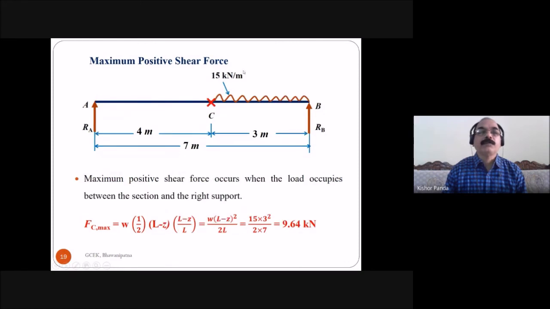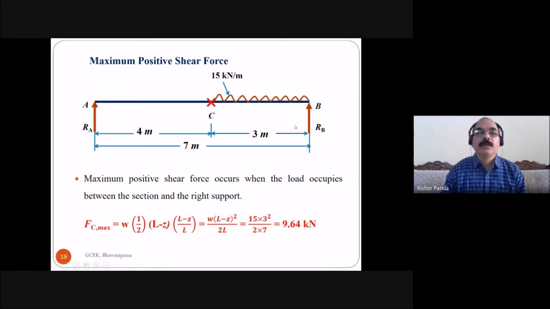Then find out the maximum positive shear force. For maximum positive shear force, the UDL is present between C and B, and there is no UDL on the portion AC, that is for length 3 meter. In this case you will get the maximum positive shear force. Maximum positive shear force occurs when the load occupies the portion between the section and the right support.